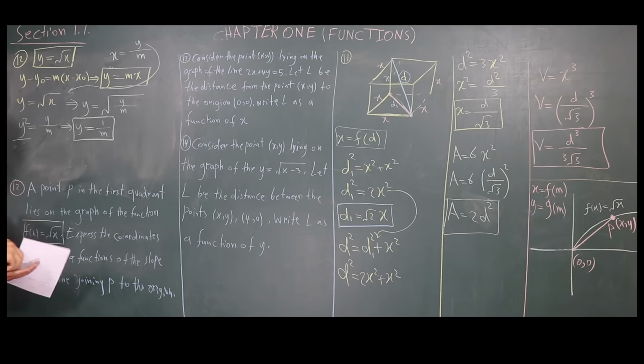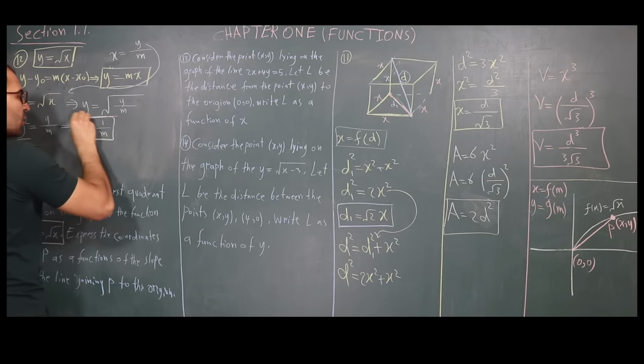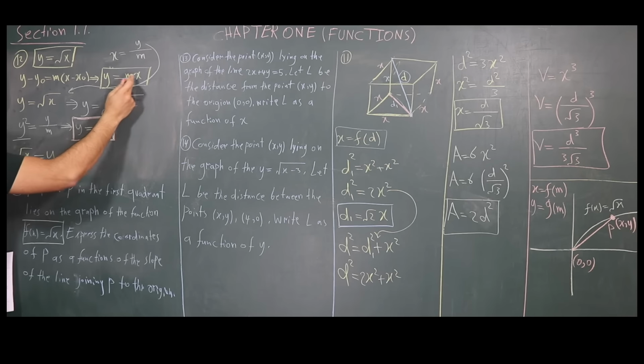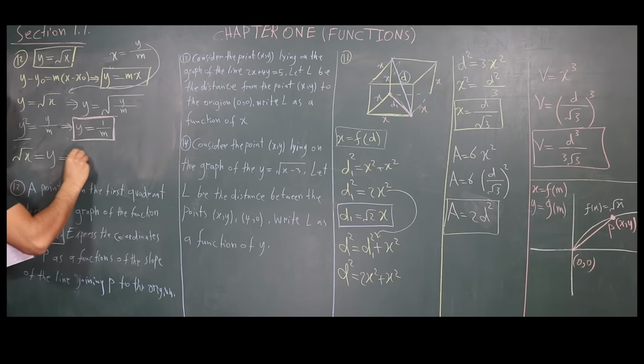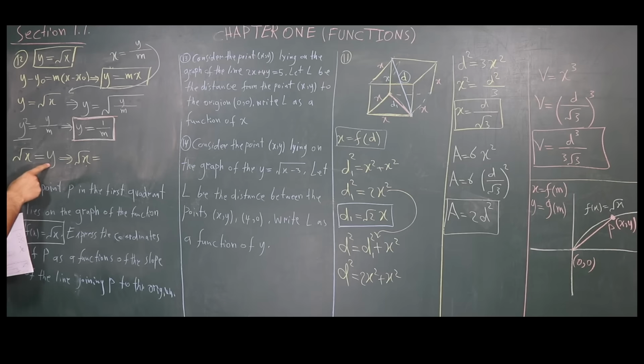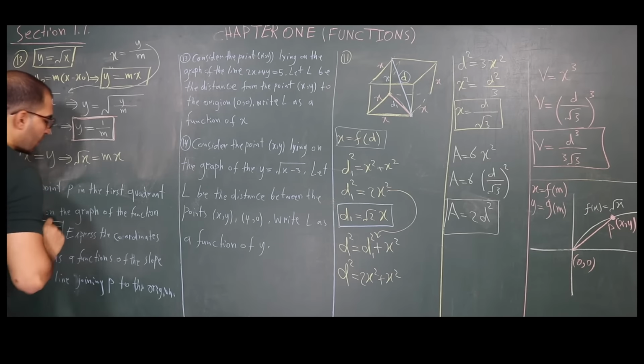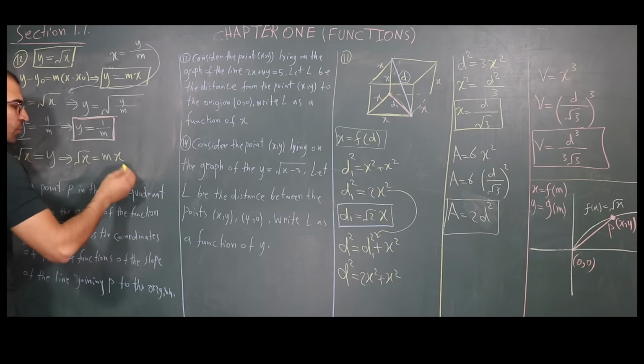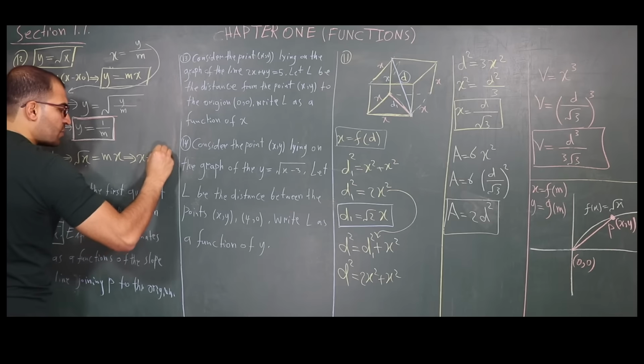So this is the first function that I'm looking for, which is y as a function of m: y equals 1 over m. For the other result, I'm going to bring this base, the square root of x equals y. But instead of y, I'm going to bring the equation y equals mx and substitute it. So the square root of x equals mx. Now I can just square both sides, so x equals m squared x squared.